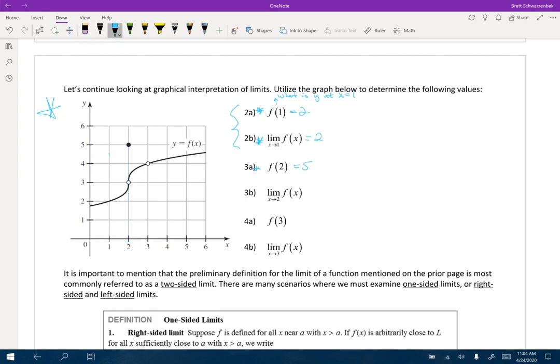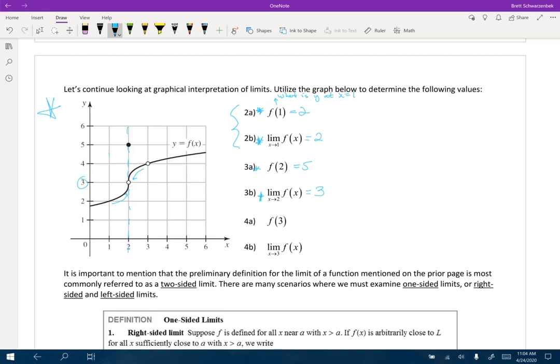But what about the limit in the same scenario? So what is the limit as x approaches 2 of the function? If I made a barrier here, and I'm approaching 2 from both sides, what height is it approaching? Well, hopefully you see that the height that it's approaching is 3.